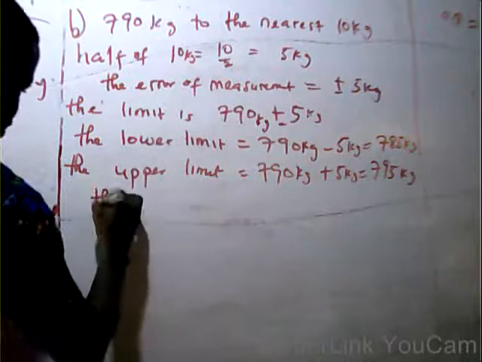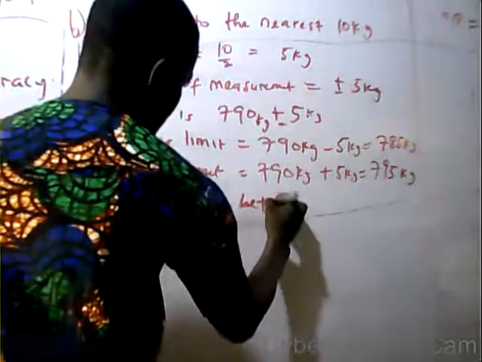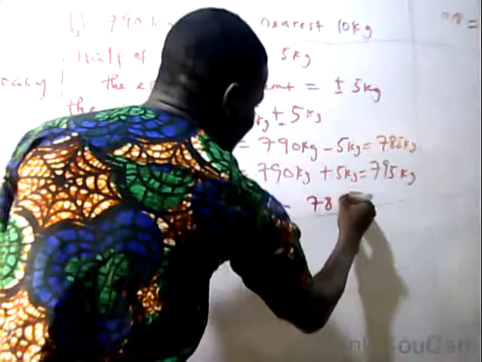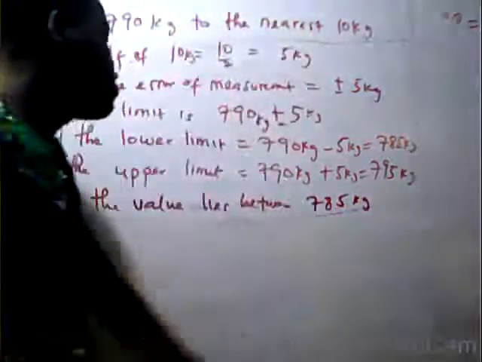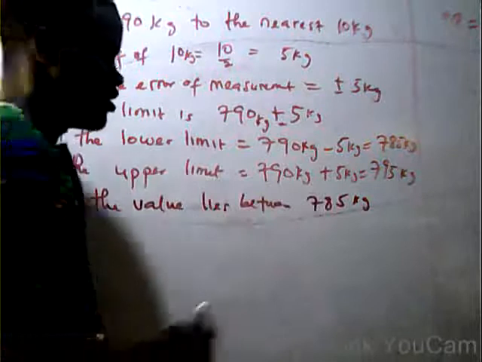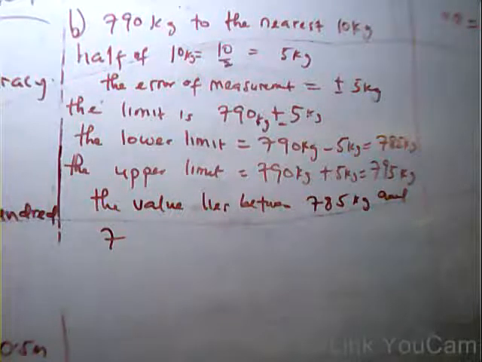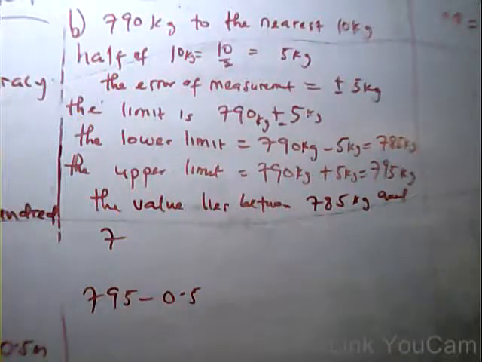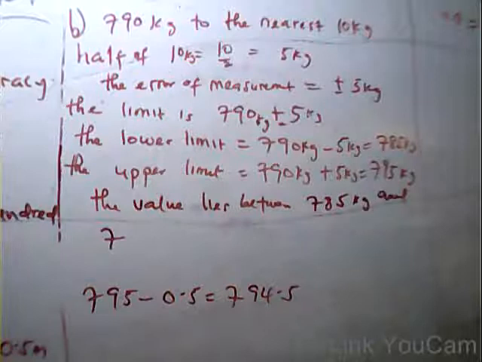So the value lies between 785 kilogram, because 785 can be approximated to 790, and 795, just subtract 0.5 from that 795, it should be 794.5.